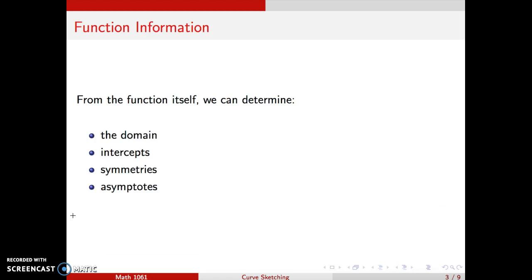So looking at the function, we can determine a number of things. We can figure out the domain, might know the intercepts, both x and y. We could look at maybe some symmetries and maybe some asymptotic behavior: vertical asymptotes, horizontal asymptotes, and maybe, if you've looked at it, slant asymptotes.